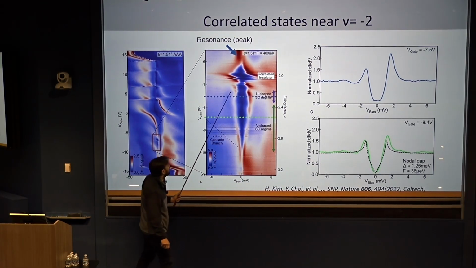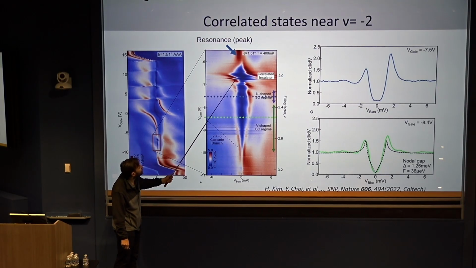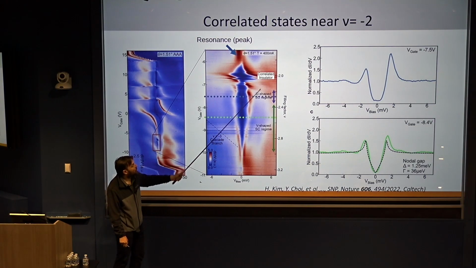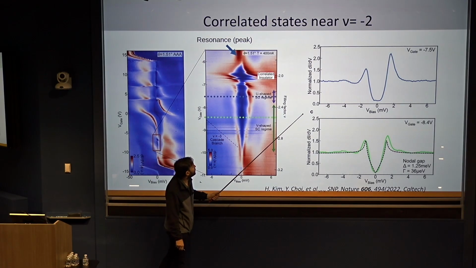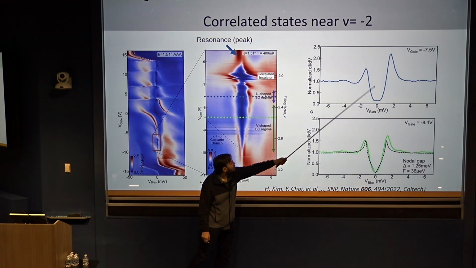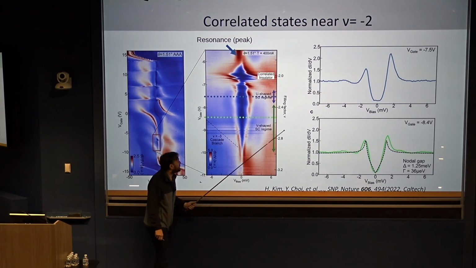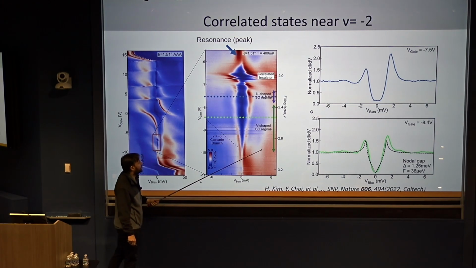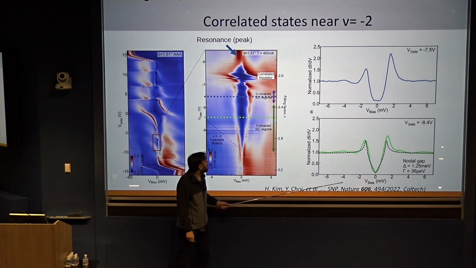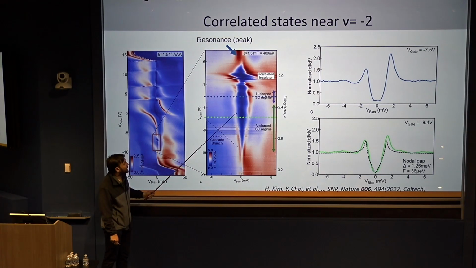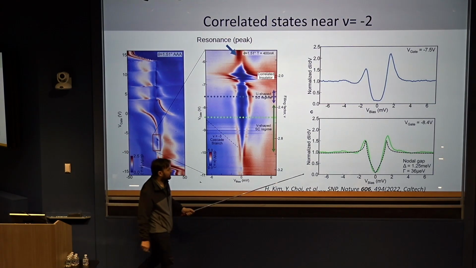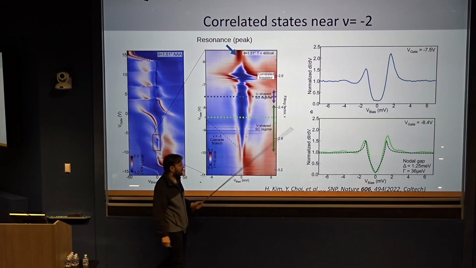We also observed that there is a transition: if you're close to this filling factor of -2, in the range of -2.2 electrons or 2.2 holes per Moiré site, you get something that we call a U shape, and something much weaker near the Fermi level that is a little bit suppressed near zero bias, which we call the V-shaped gap, okay? And you can do all kinds of fitting. Originally, if you want, you can fit a nodal gap here and extract some parameters.